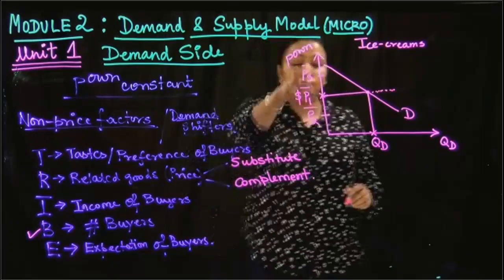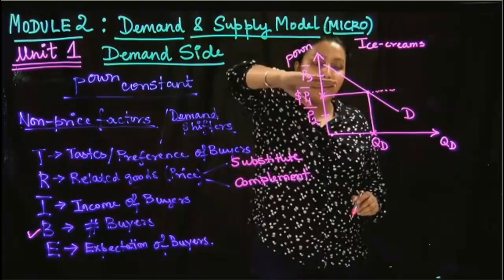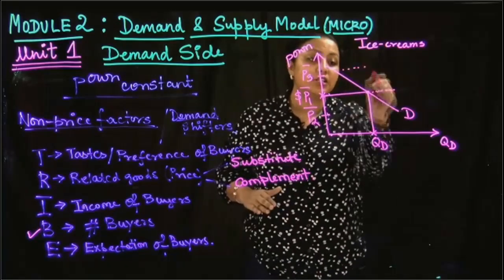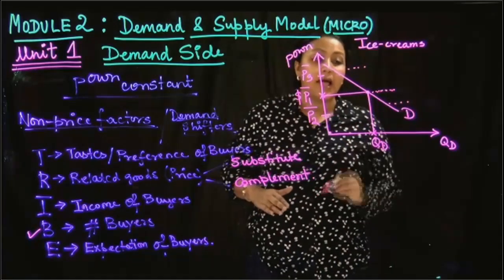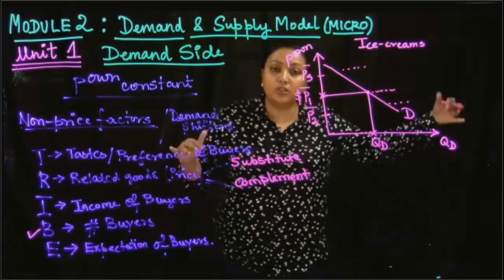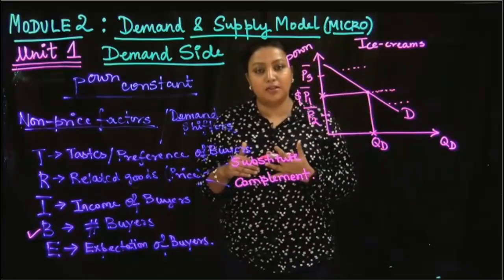Even when there is no change in the price, at every price level, you would see this additional quantity demanded, and this additional quantity demanded would be owing to this new buyer who has entered the market.